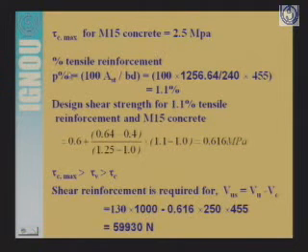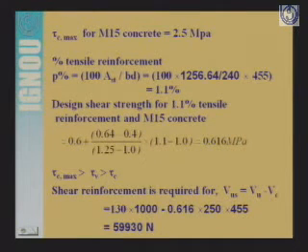Now for getting the value of tau c, we need two pieces of information. One is the grade of concrete, that we know, M15, and second is the amount of tensile reinforcement, that is the percentage of tensile reinforcement. Because with these two we can get the value of tau c from the table given in the code.